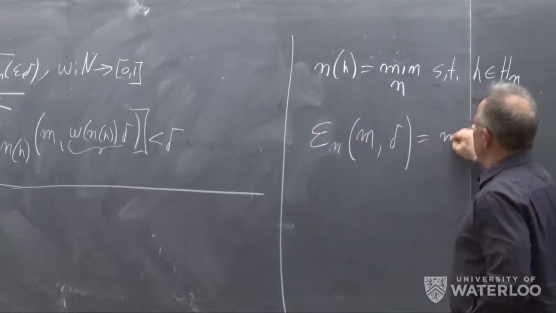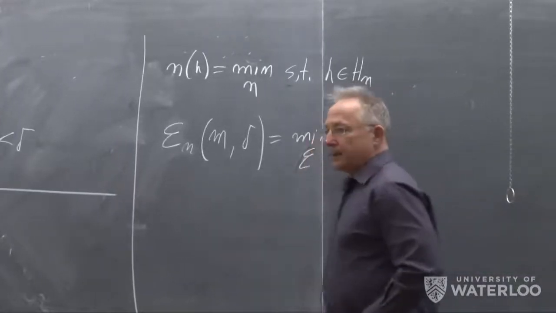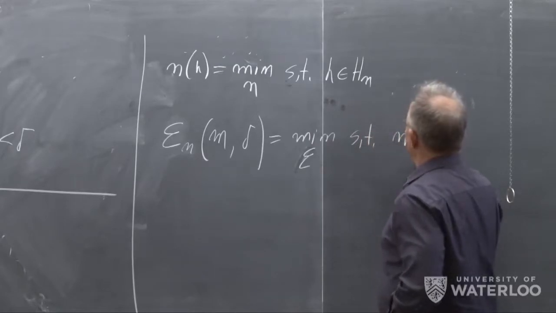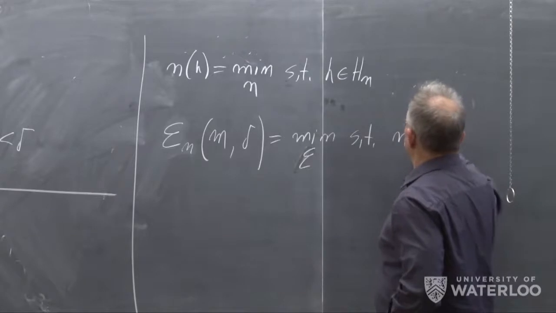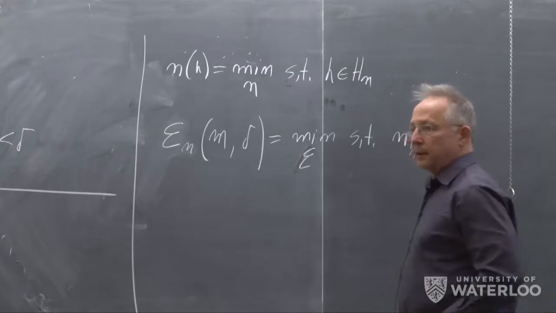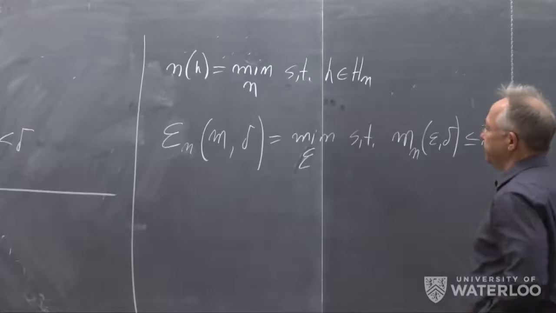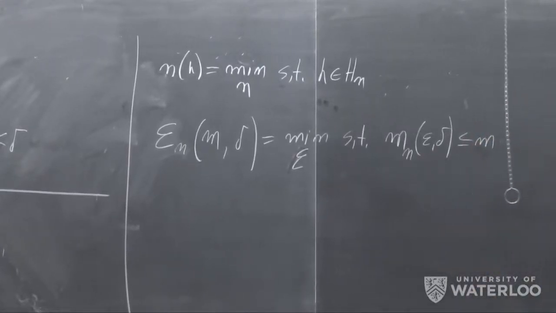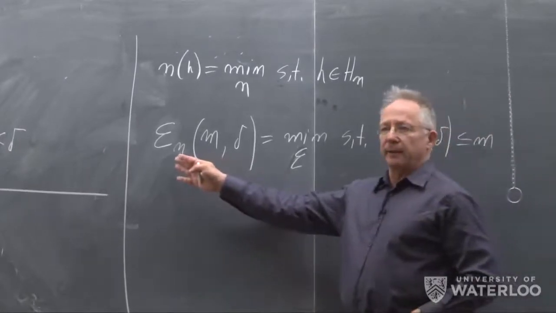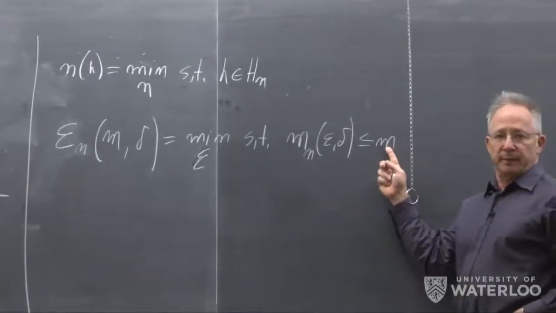This is the minimum epsilon such that the function m_n of epsilon and delta is below m. Or in other words, what are we doing here?